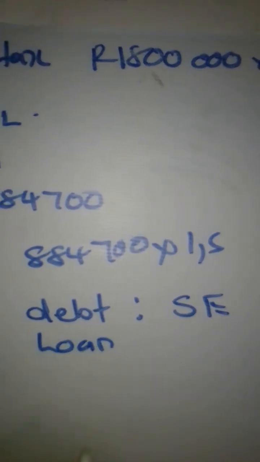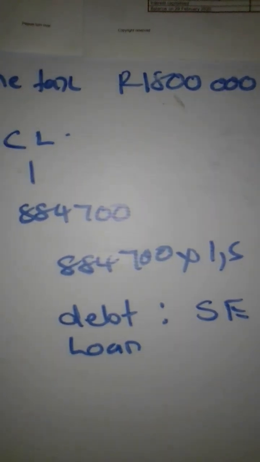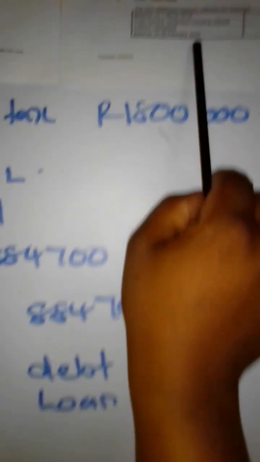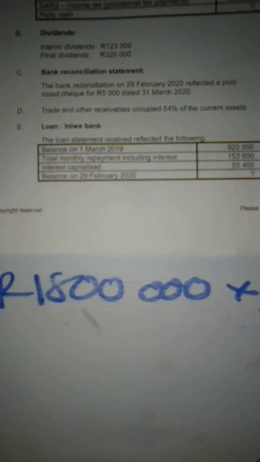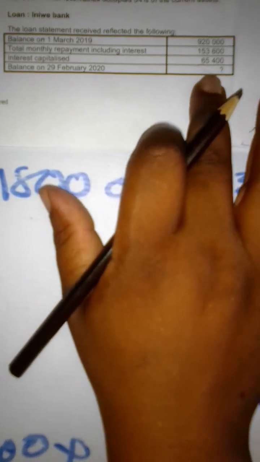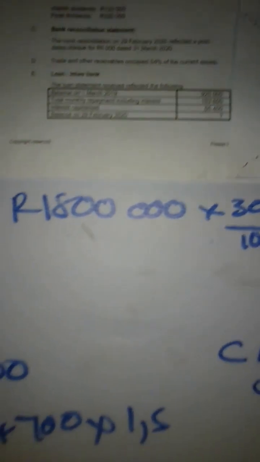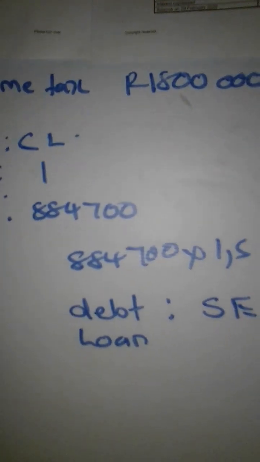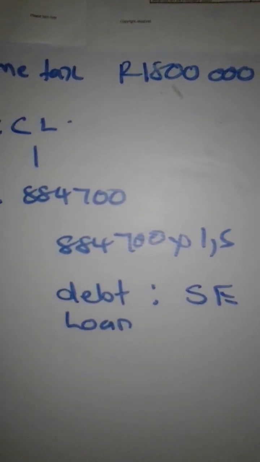The loan. But we have got to find the loan at the end, because they are saying that all these adjustments had already been done. So we need to find out how much was the balance of the loan at the end of the financial year. Let's do that calculation to find out the balance of the loan at the end.